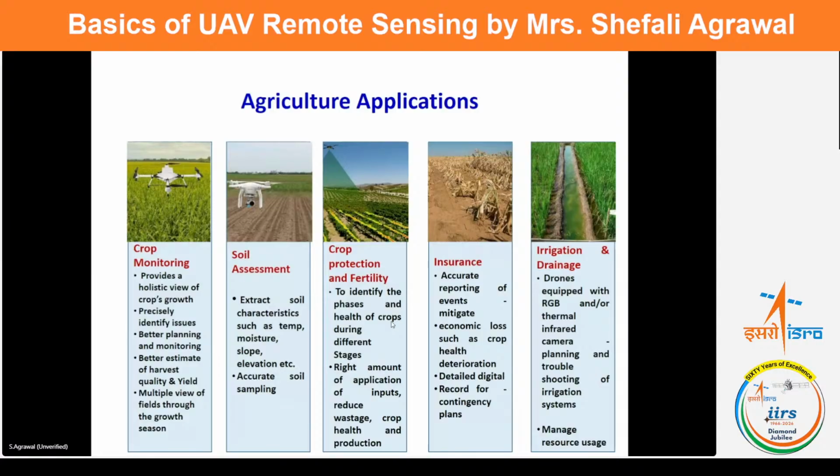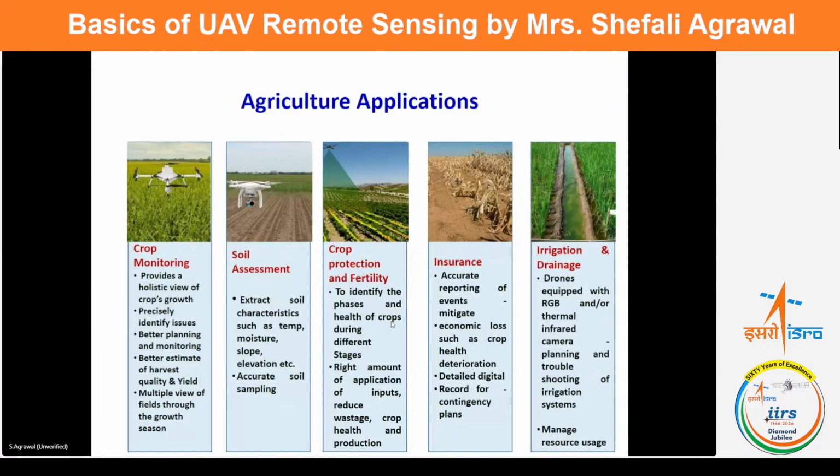Hence, this reduces chemical consumption, prevents overuse, and minimizes environmental damage. Nutrient stress zones identified through spectral data can be treated site-specifically, ensuring optimal fertilizer management. So farmers can save both cost and time and ensure better crop health and yield.